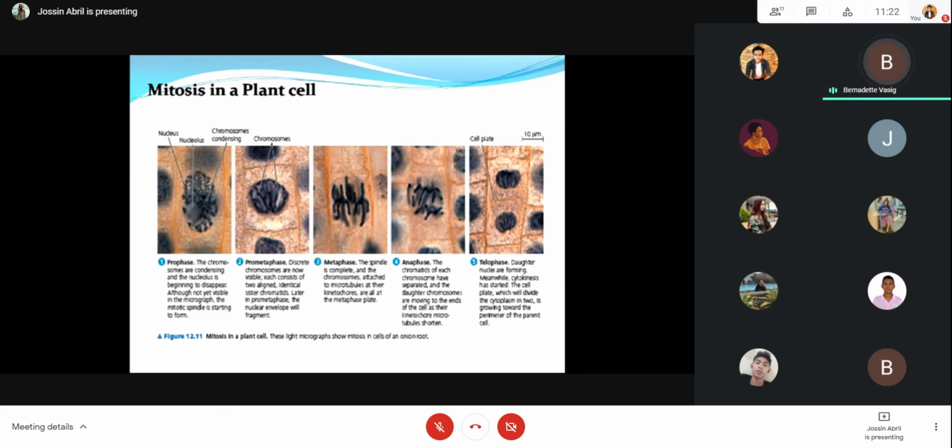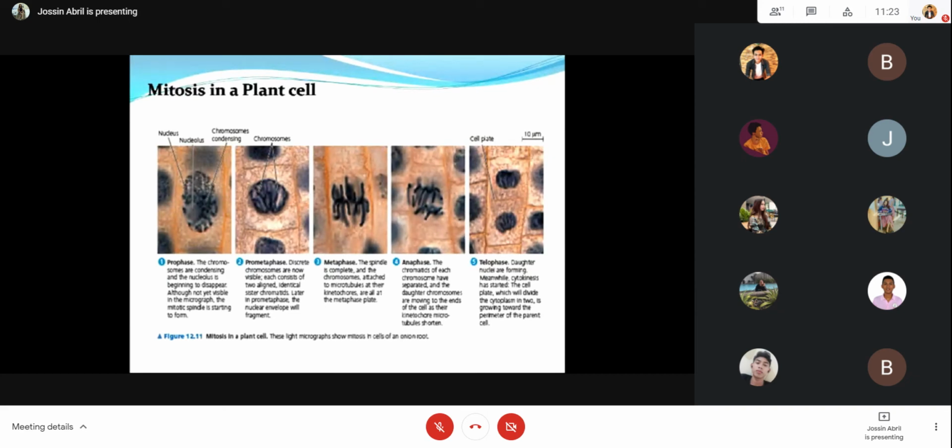Miss Abril, rather than discussing each of those stages again, please directly discuss the difference between mitosis in animal cell versus in plant cell. Animal and plant cells are mostly similar in the process during cell division.